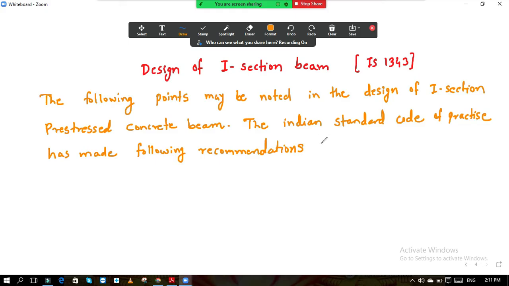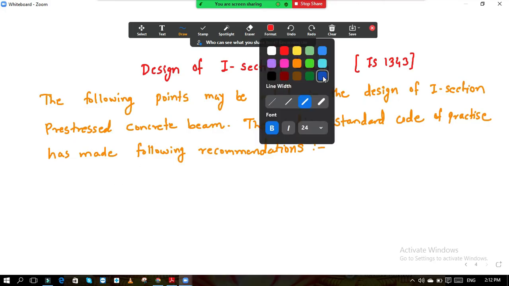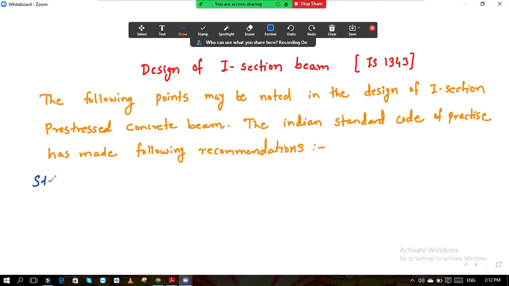Following recommendations. Okay. So the recommendations are, here step number 1, safe stresses.